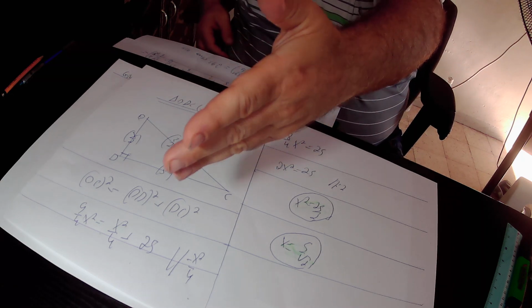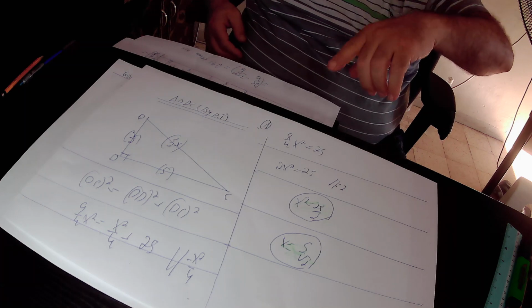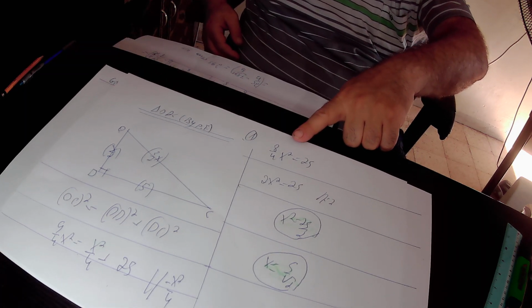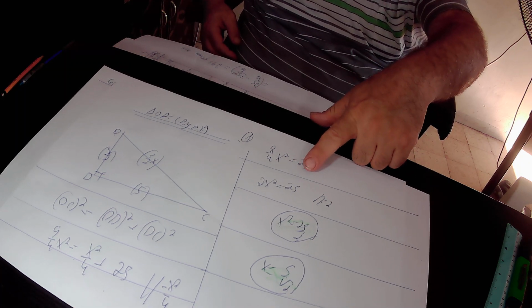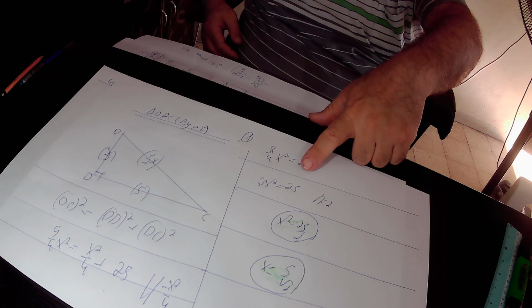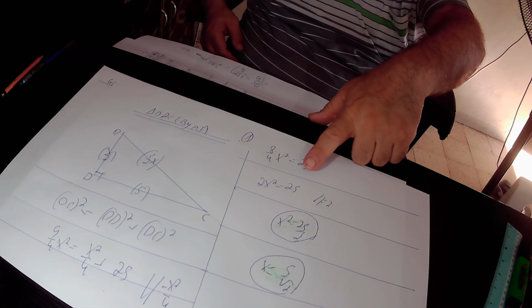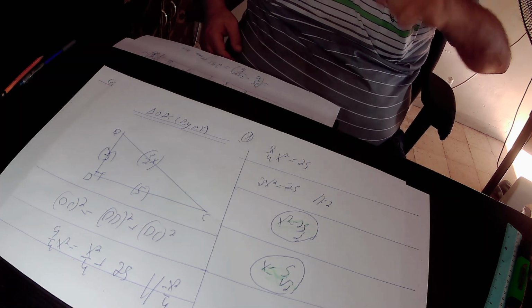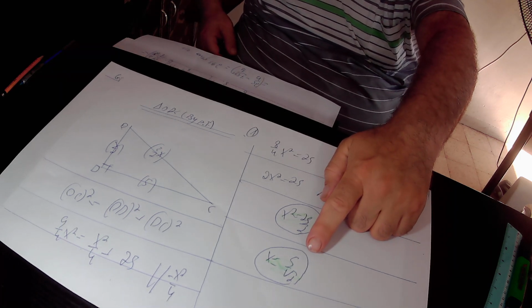So we found that 8 quarters x squared equals 25. 8 over 4 is 2, so this expression equals 2x squared, which equals 25. We divided this equation by 2 and found that x squared equals 25 over 2. Here we took the root of this equation and found that x equals 5 over square root of 2.